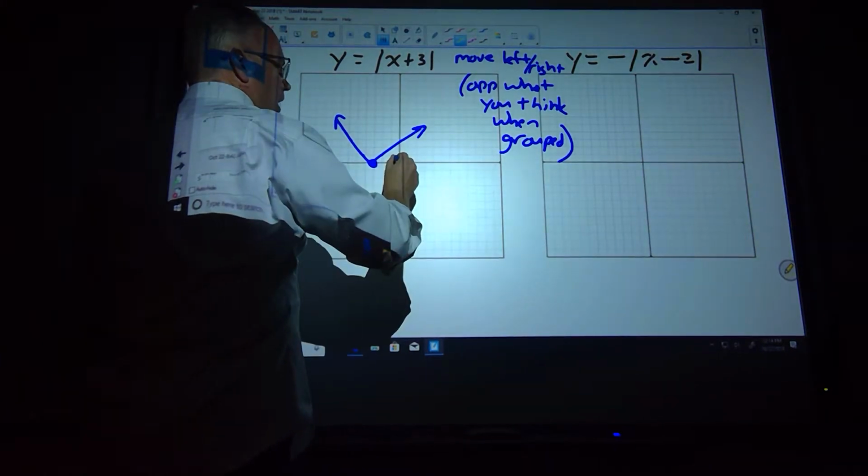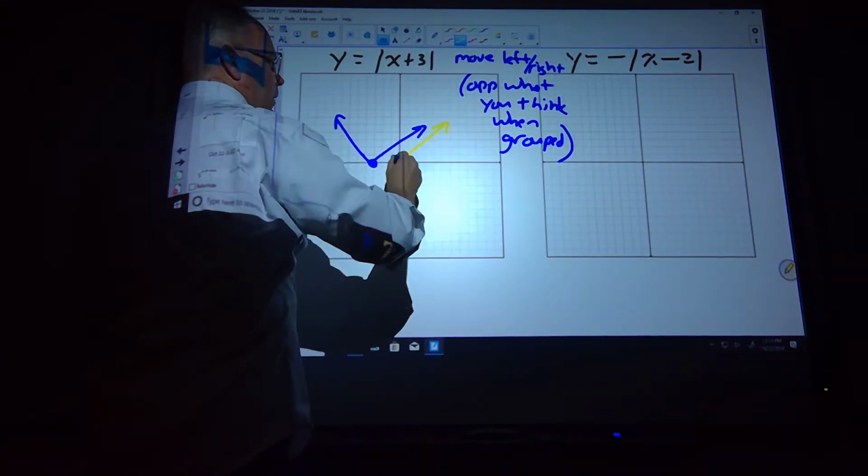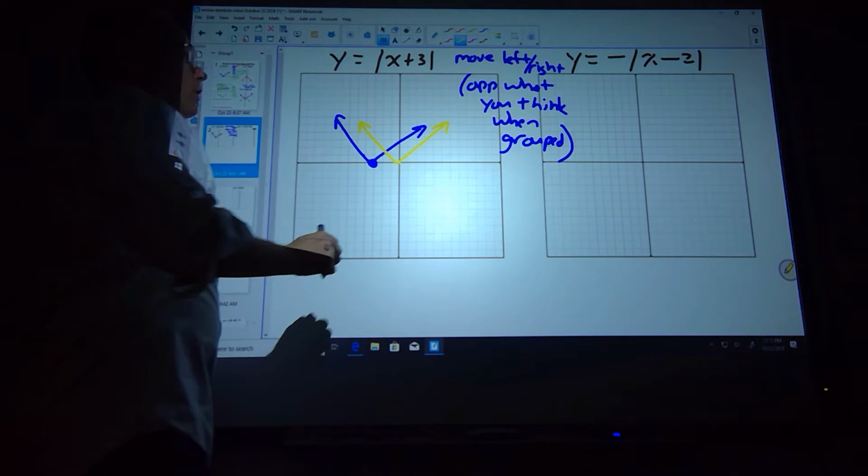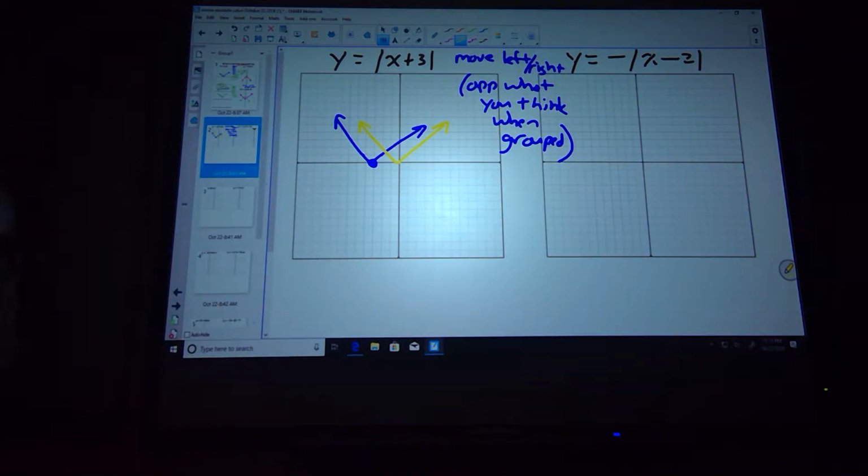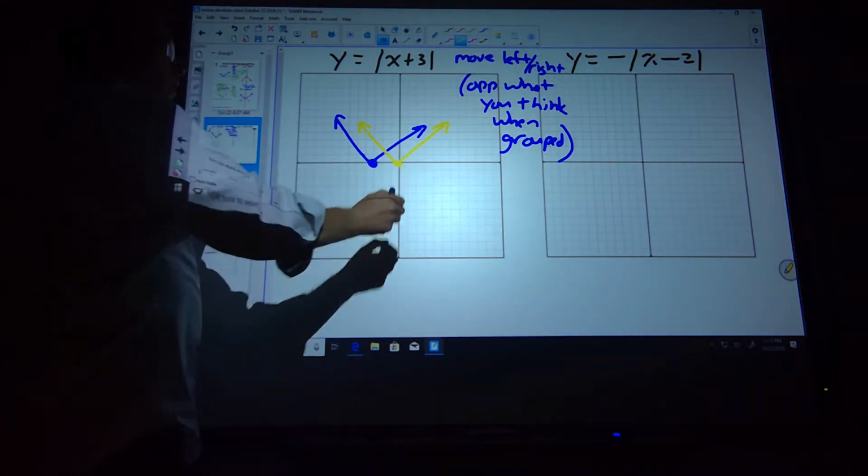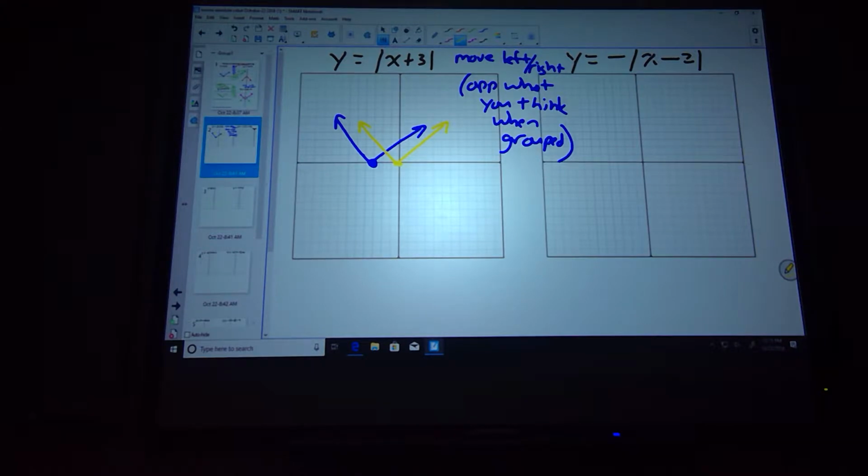And let's just in yellow have our parent function. So the yellow was our parent function. Give me your verbiage of what the blue function is doing with respect to it. They're both open in the same direction, up. What else can you tell me from the yellow to the blue? Yeah.